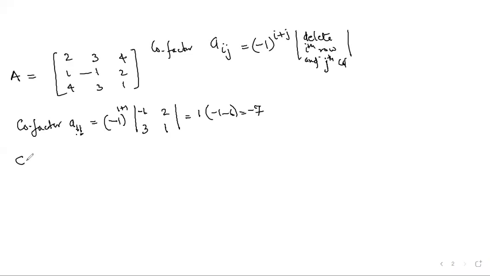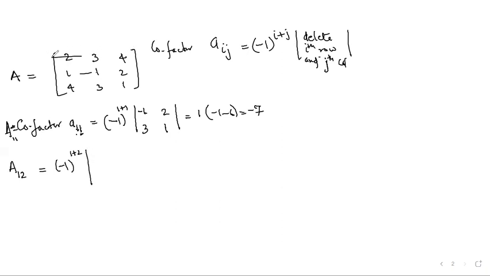Now, usually what is the notation we use for cofactor? Capital A. Now, calculate capital A12, the cofactor of A12. That means this element's cofactor. Minus 1 raised to 1 plus 2. Delete the row and column.